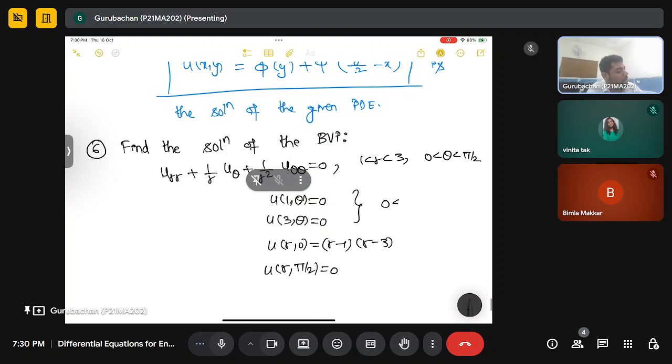So here theta lies between 0 to pi by 2. Here r lies between 1 to 3.